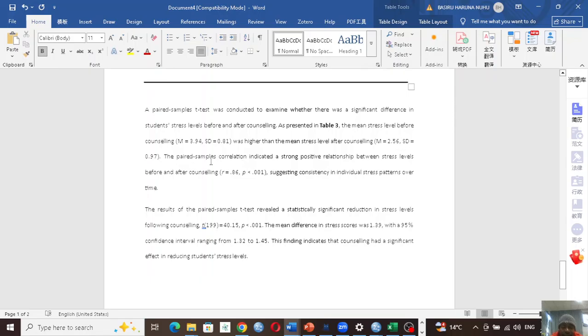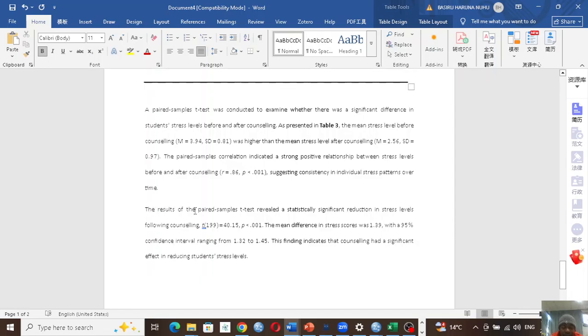The paired samples correlation indicated a strong positive relationship between stress levels before and after counseling. So this one is just telling the relationship, suggesting consistency in individual stress patterns over time. So we will do correlation on its own, so I wouldn't emphasize much here.